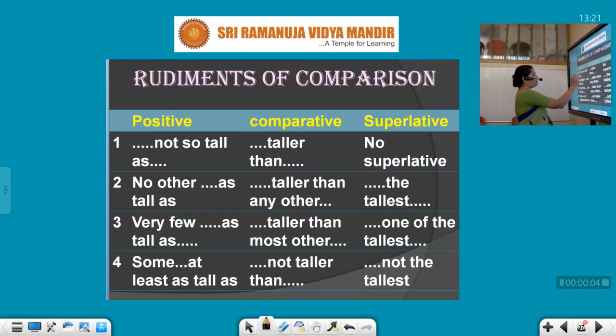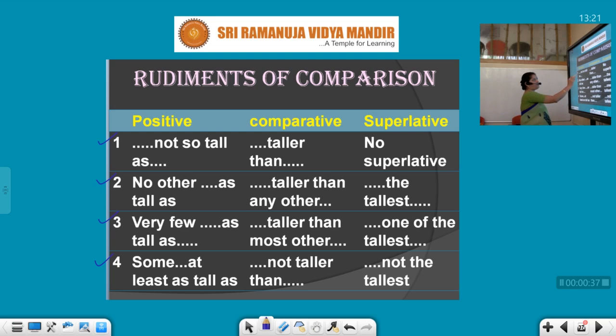As I was telling you, this table is very, very important, students. We have here the 4 rules. You can see the first one, not so tall as, taller than, and there's no superlative. The second one is no other as tall as, taller than any other, the tallest. So let me explain what these rules actually are.